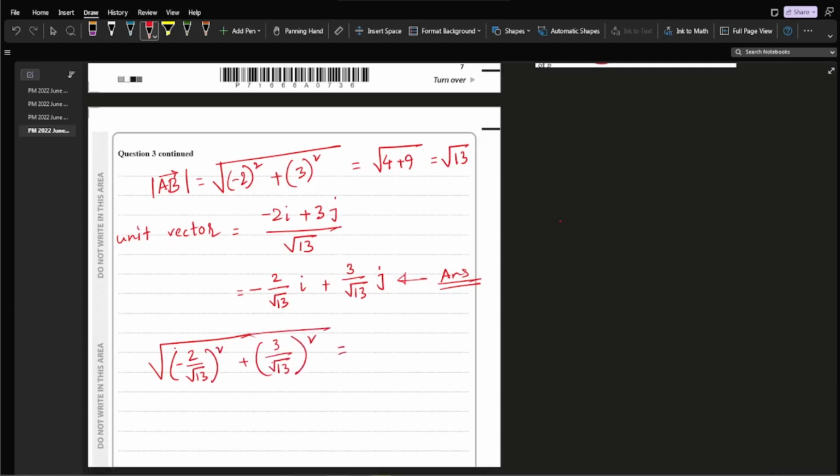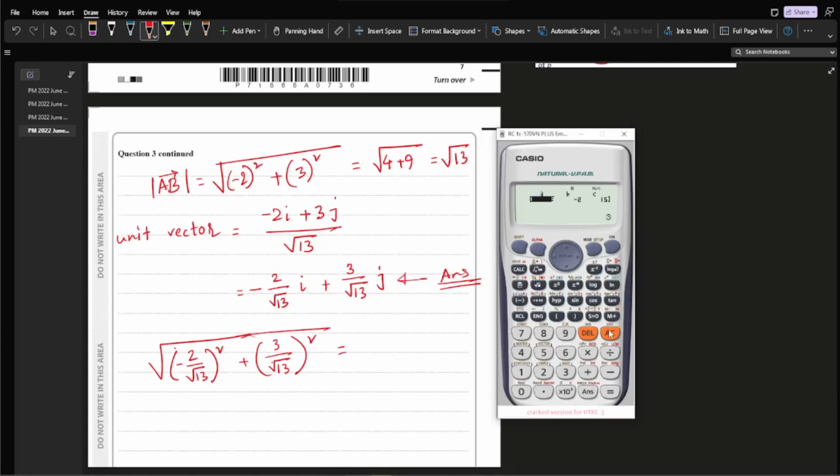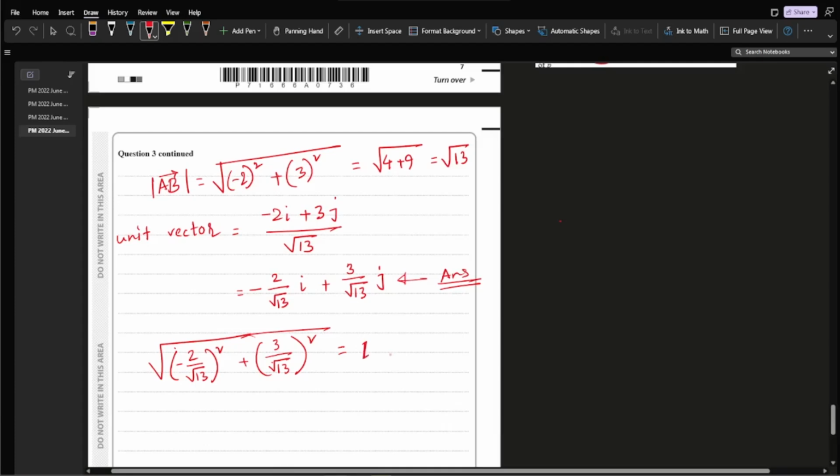Let's put it in the calculator and see if we get the same result. This should be 1 basically. Minus 2 over square root of 13 squared plus 3 divided by square root of 13 squared, that becomes 1. So it matches.